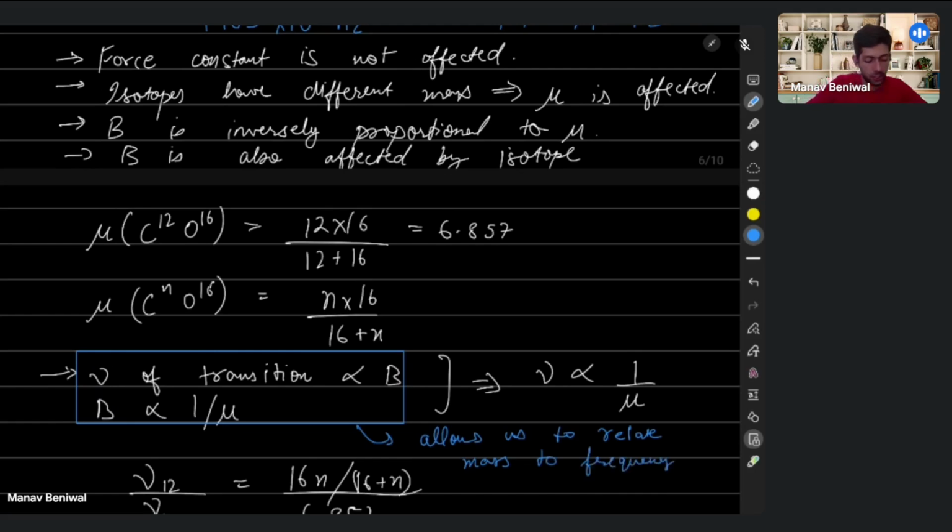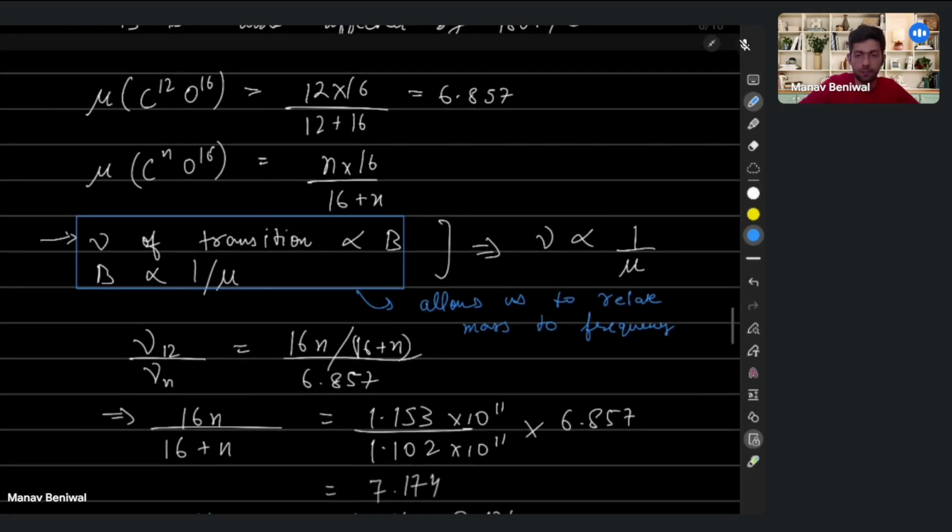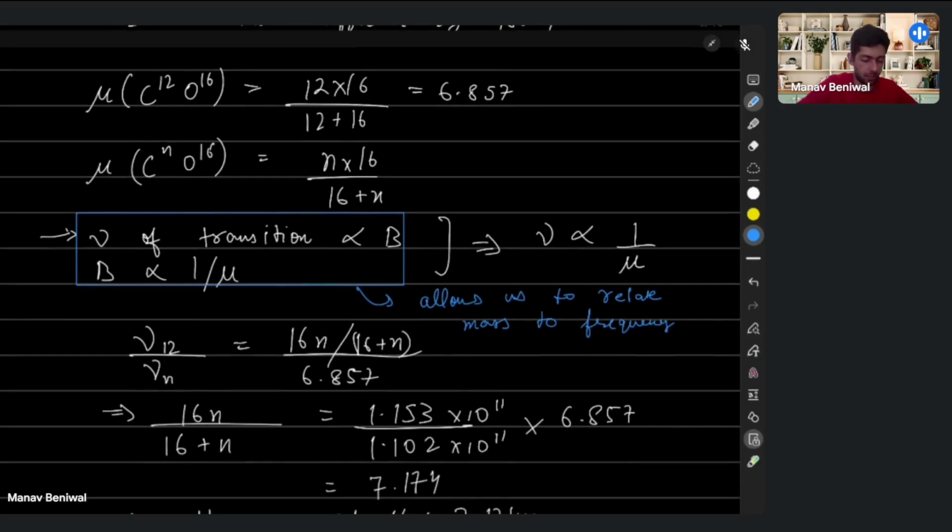So in the next step, you can clearly see that we have made a relation between the effective mass and the frequency, which is nu. Once we have this relation, we put in the values of frequencies and effective mass. The frequency values are determined experimentally, and the values of effective mass we just calculated above.